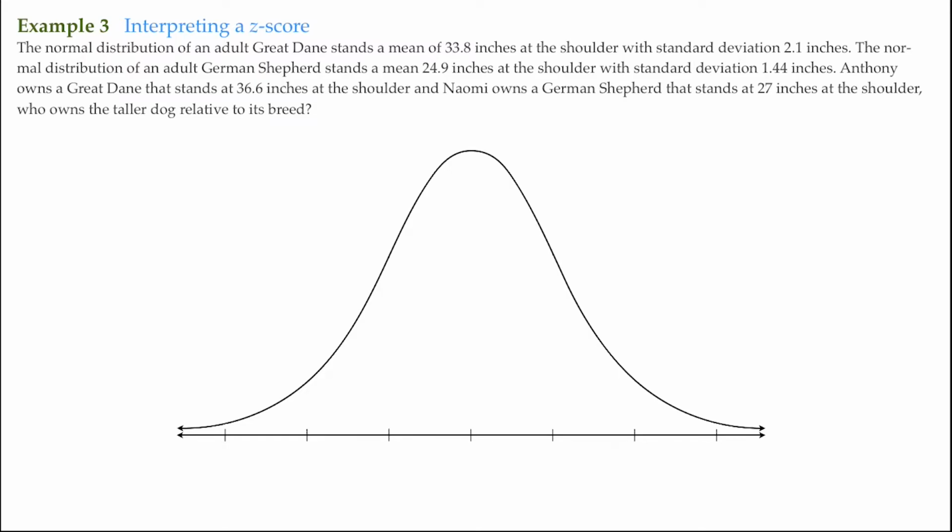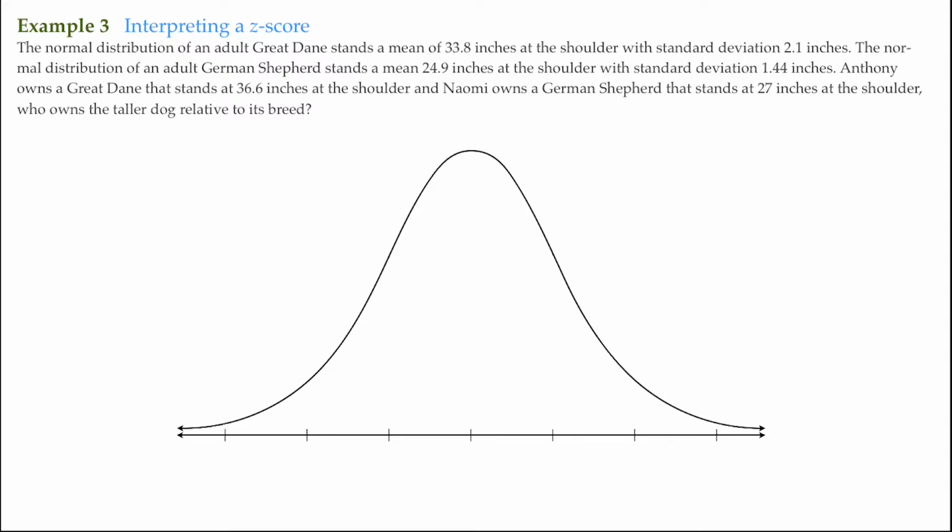Here we're going to be interpreting z-scores to see exactly what they're telling us. So here we have this scenario. It says the normal distribution of an adult Great Dane stands a mean of 33.8 inches at the shoulder with a standard deviation of 2.1 inches.